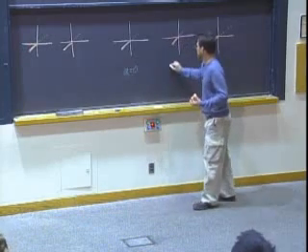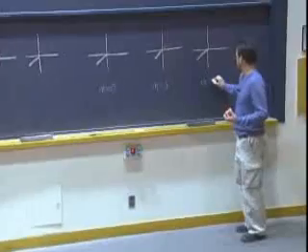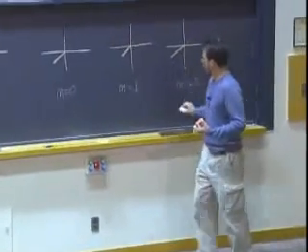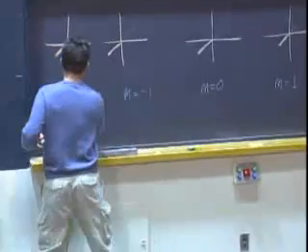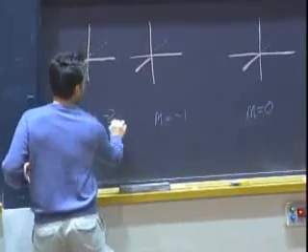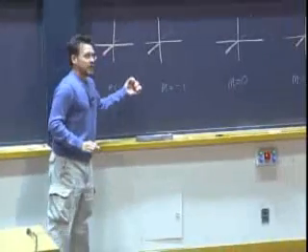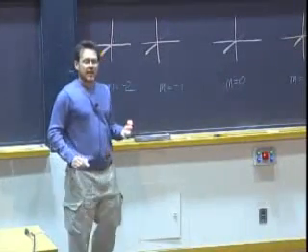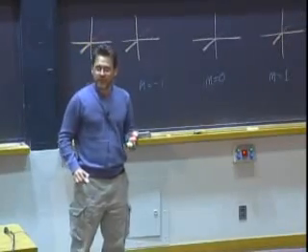One is 0, one is +1, one is +2, and m can be -1, and m can equal -2. Okay? And this quantum number determines the angular nodal properties of the d orbital in question.